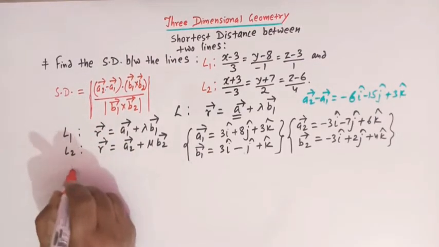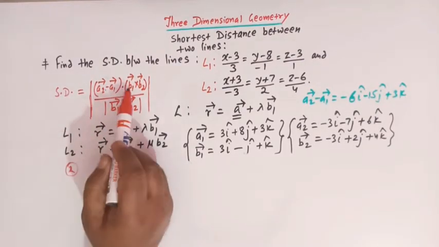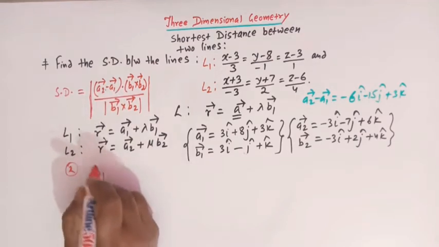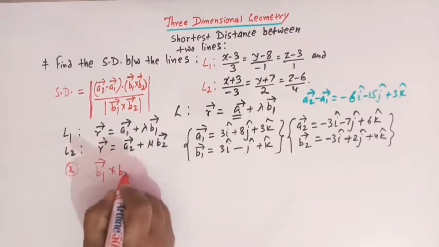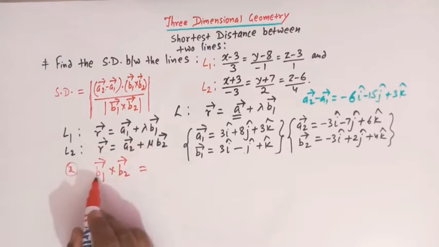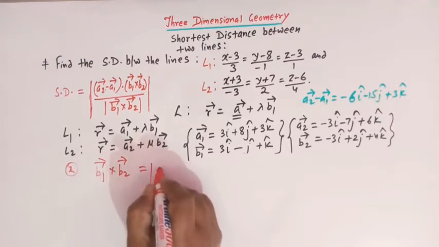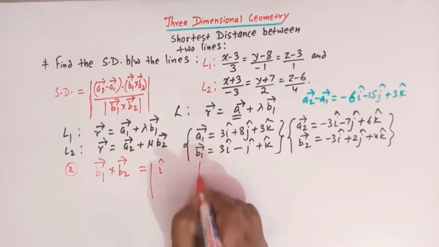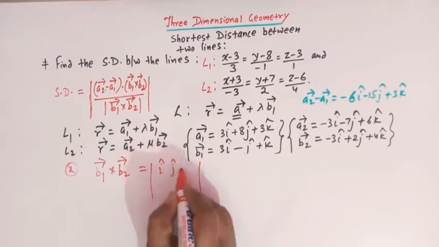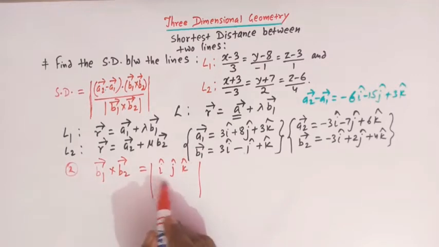Now let us find out the second one, that is b1 cross b2. This is the cross product of vector b1 and b2, and this is given by this determinant, that is i cap, j cap and k cap. The first row is occupied by i cap, j cap and k cap.